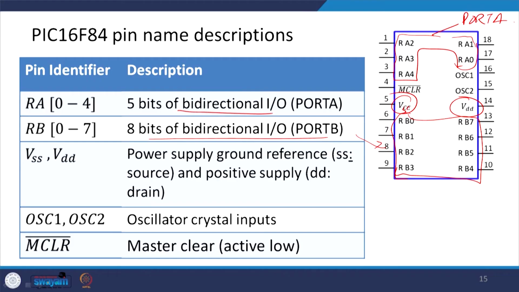And you have OSC1 and OSC2, which are the crystal oscillator inputs over here, and there is a master clear pin which is active low. So, this is the pin out connection for PIC 16F84.